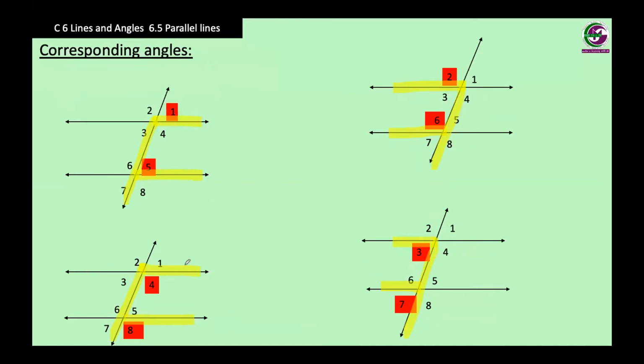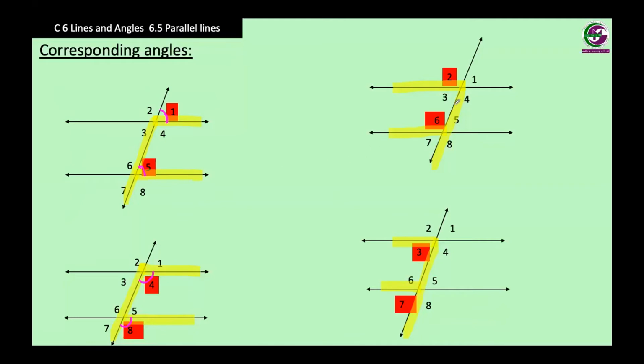Here there are 4 sets of parallel lines, and the angles are named from 1 to 8. So if you take the letter F facing to the right, angle 1 and angle 5 are equal because they are above the first line and the second line. Also, angle 4 and angle 8 are equal because they are under the first line and under the second line.